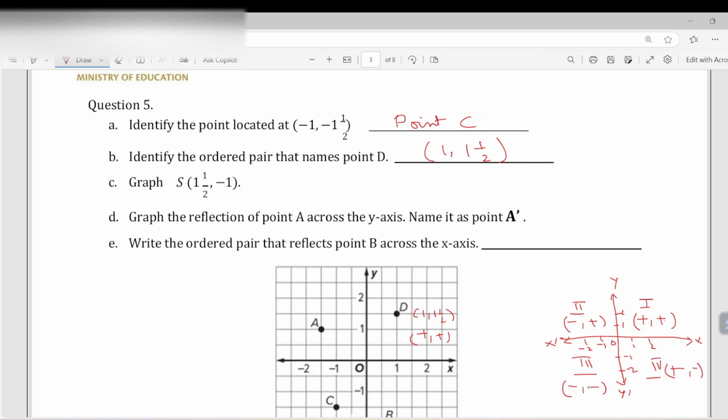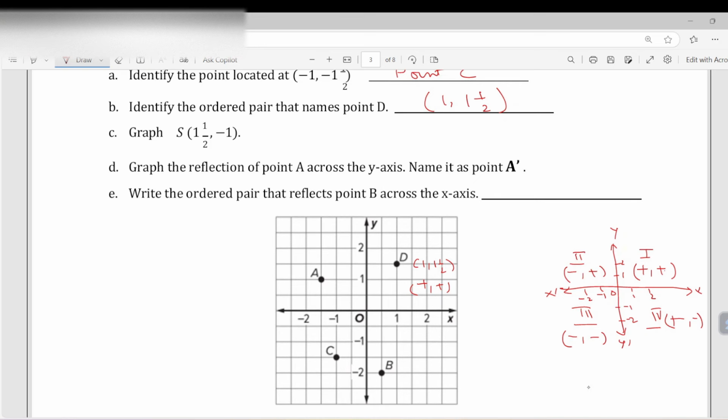The third is S equal to 1.5 and minus 1. Graph means we have to write. S is 1.5. That means X is positive, Y is negative. Where is X positive, Y negative? Fourth quadrant.